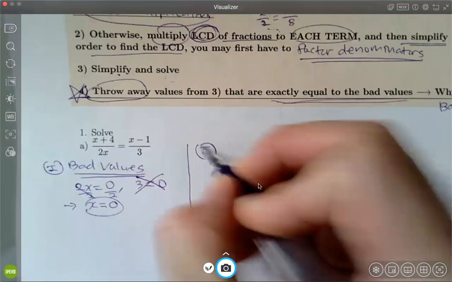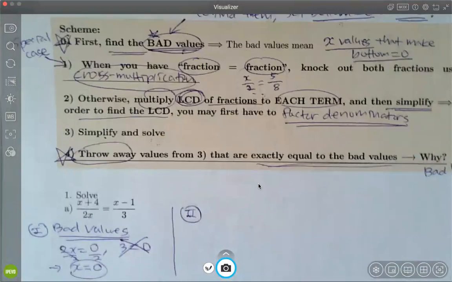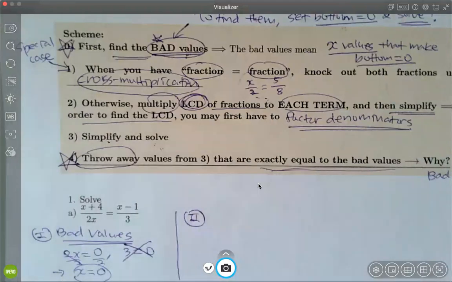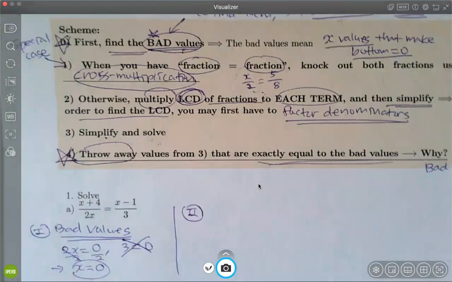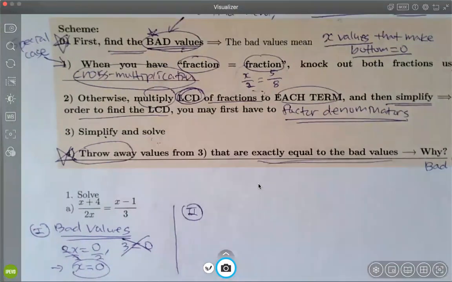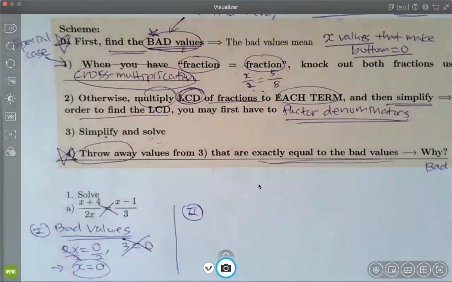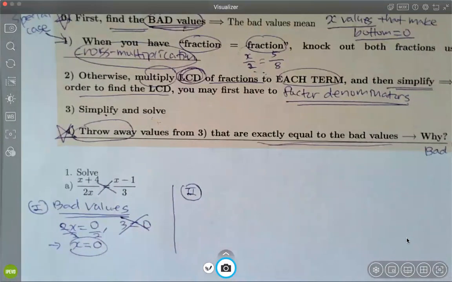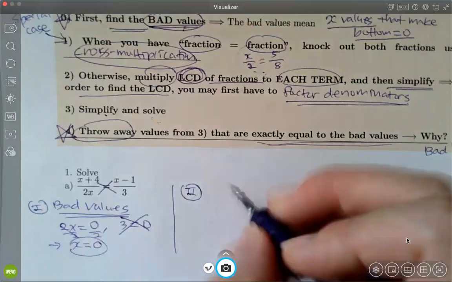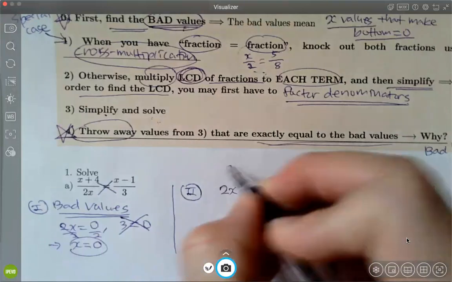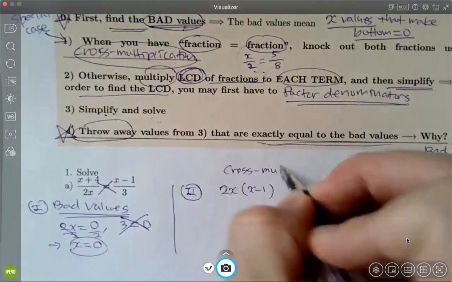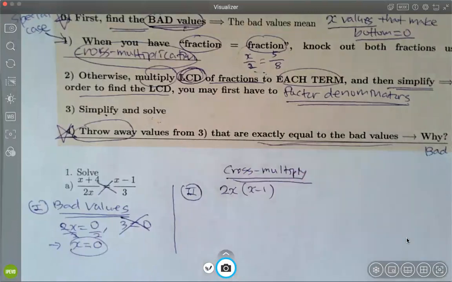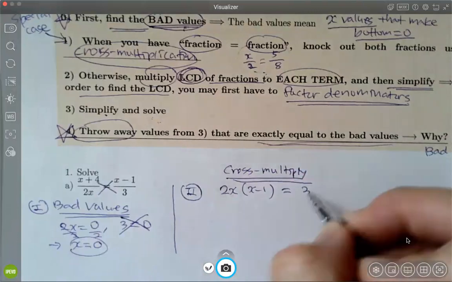Step number 2. Do we have this special case, which means fraction equals fraction? Yes, we do, right? So what can we do? Just cross multiply. So what do you get? 2x times x minus 1 is equal to 3 times x plus 4, right?